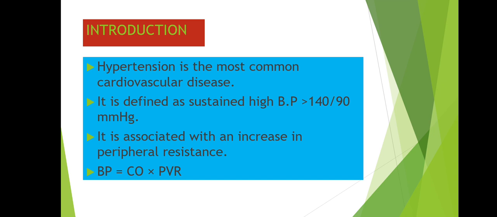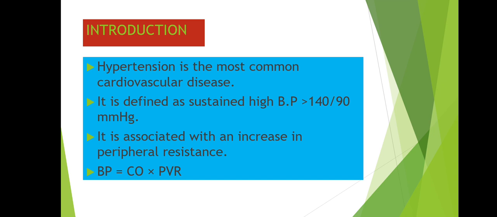It is defined as a sustained blood pressure above 140 systolic and 90 diastolic millimeters of mercury. This is what we mean when someone is hypertensive.